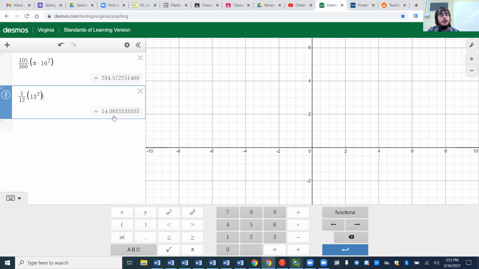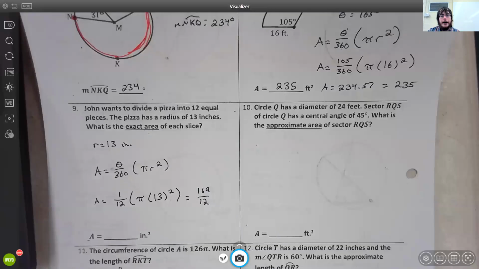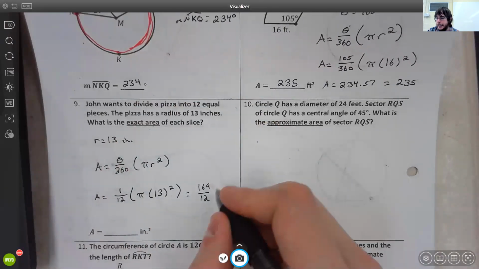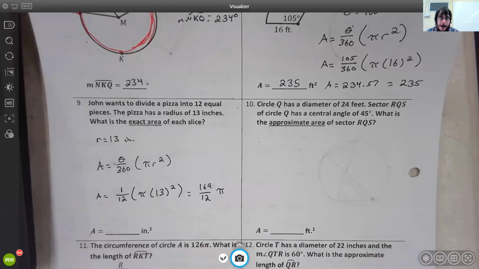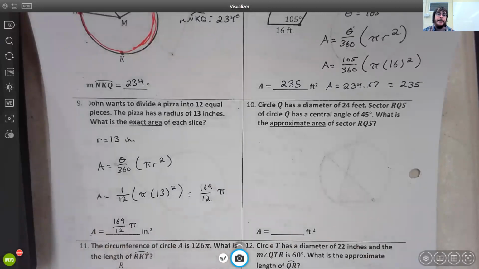And you're going to notice that it'll give you this decimal. If you click this circle and simplify it into a fraction, you get your area as 169 over 12. But you have to make sure, since it's an exact area, that you put the pi after it. So your exact area is 169 over 12 pi.